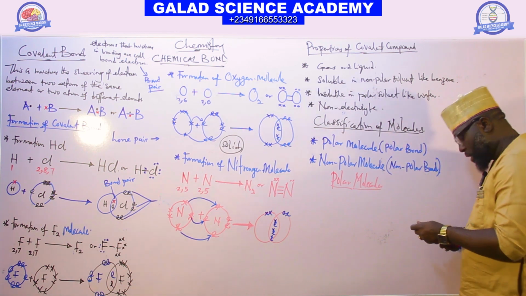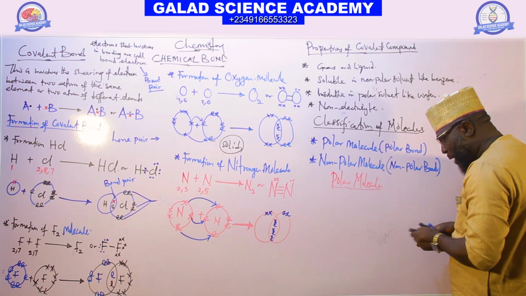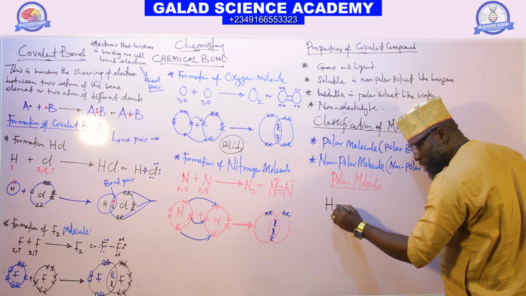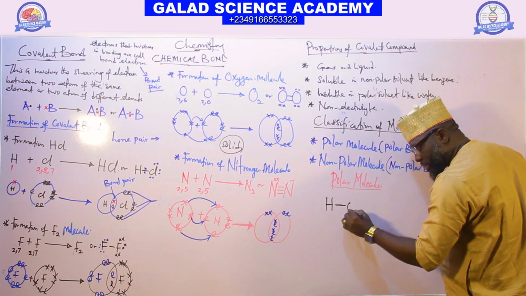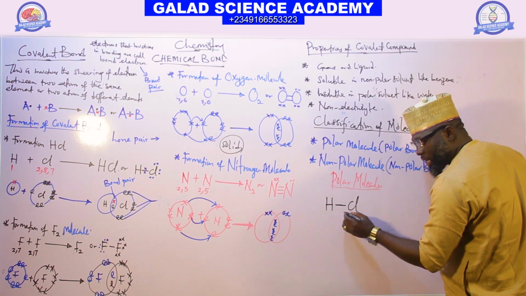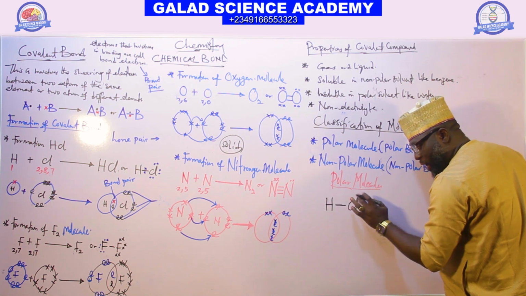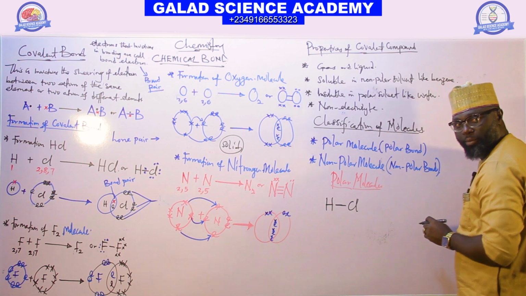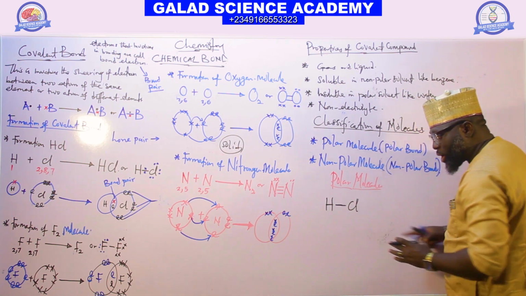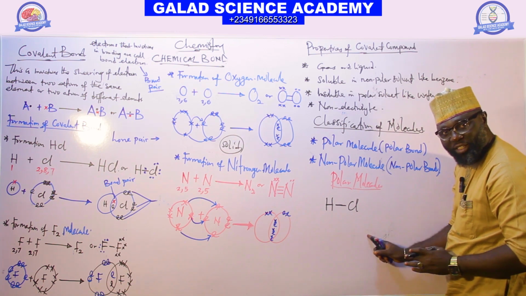Look at it now. If you are talking of a polar molecule, the example is HCl. We have hydrogen and we have chlorine here. So the two elements have different electronegativity.